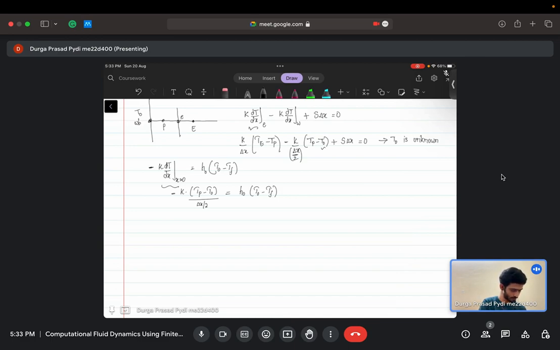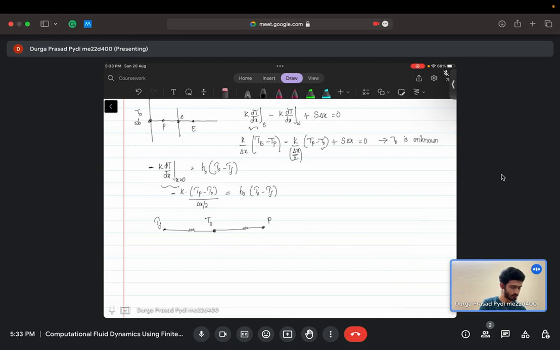we can take this as a resistor network that you might be familiar with. Since we have a P cell, this is your west boundary, and this is my fluid temperature Tf. This is my T0 on the west boundary.